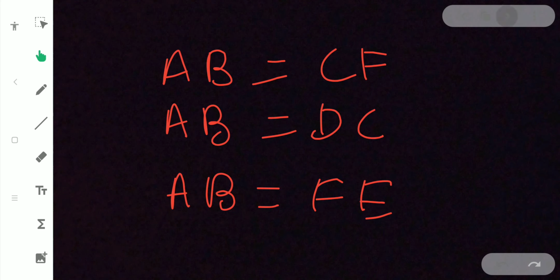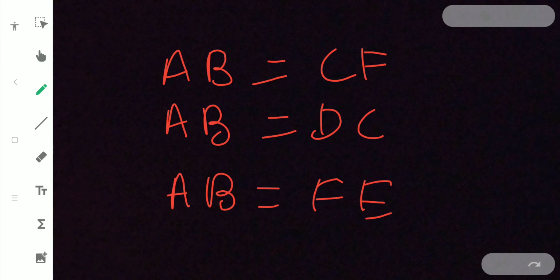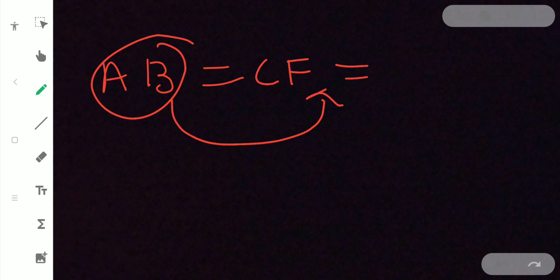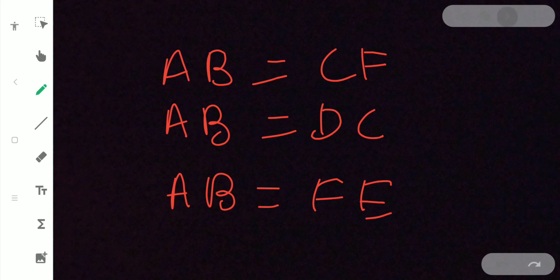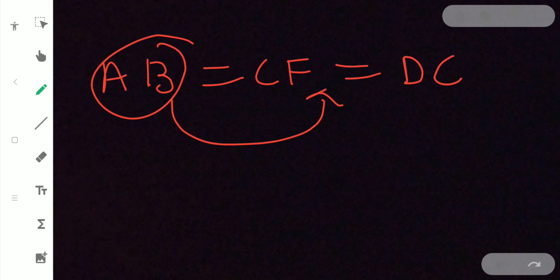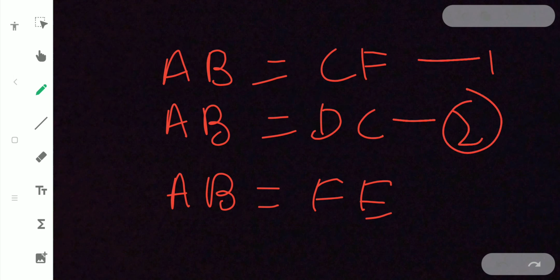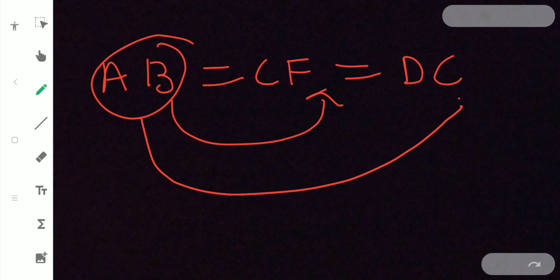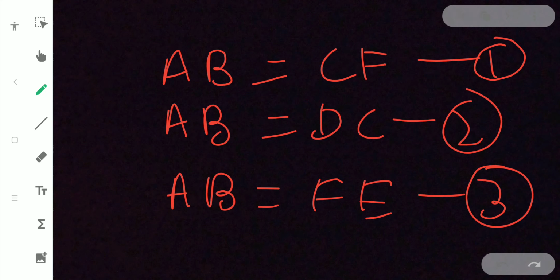So now I have AB is equal to CF and also AB equal to DC. And in equation 3 I am having AB equal to FE.